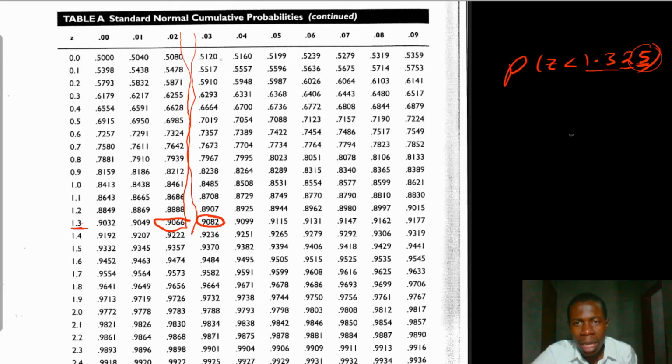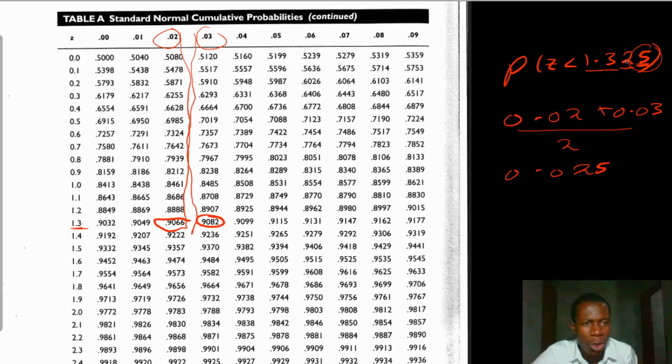So 1.325 is the same thing as adding these two, 0.02 plus 0.03, and dividing by 2. So this will give us 0.025, meaning that 25 is somewhere in between these two values here.